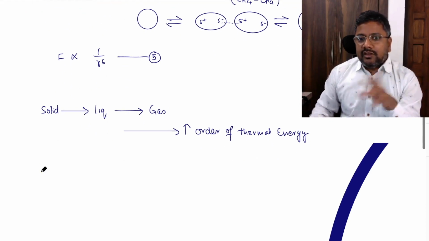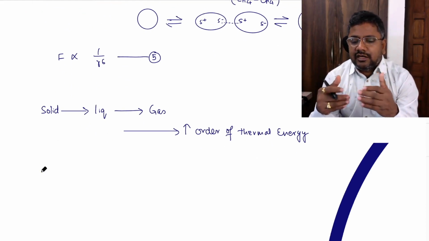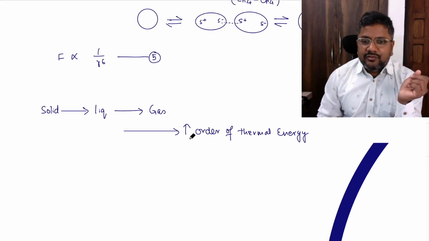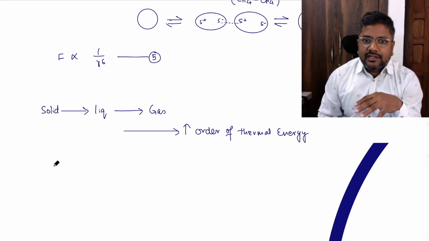See, so intermolecular interactions and thermal energy, both are inversely related. So if you count the interaction order, gas molecules have least interaction, after that liquid, and then solid.